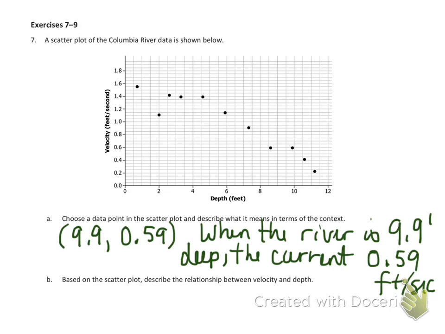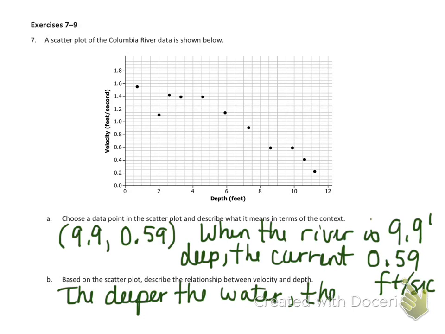And based on the scatter plot, describe the relationship between velocity and depth. So I could say something like, the deeper the water, the slower the current. As water gets deeper, the current slows.